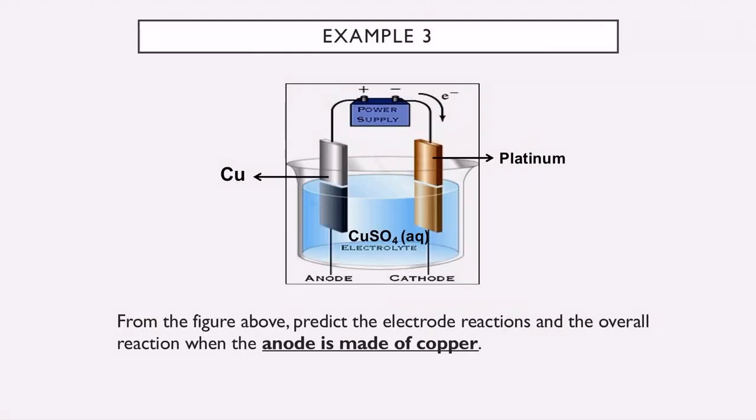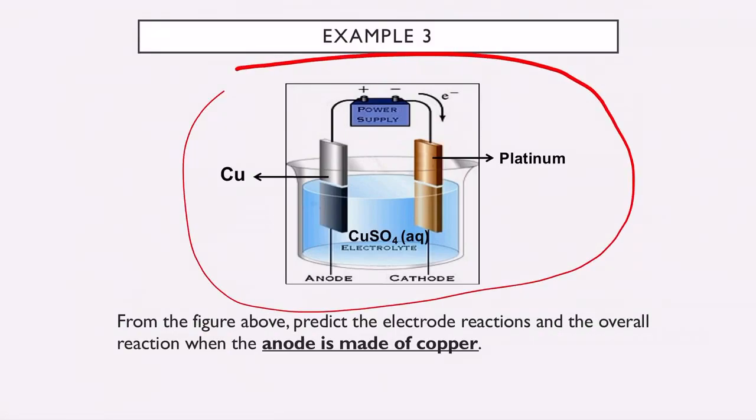So let's say if in this case here you have copper as your anode, right, in your electrolysis reaction here, and you have platinum as your cathode. So ingat that your electron flows from anode to cathode. So that means that this is your positive terminal.